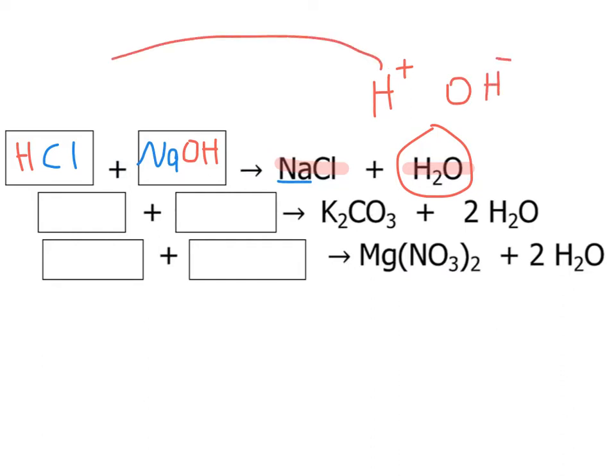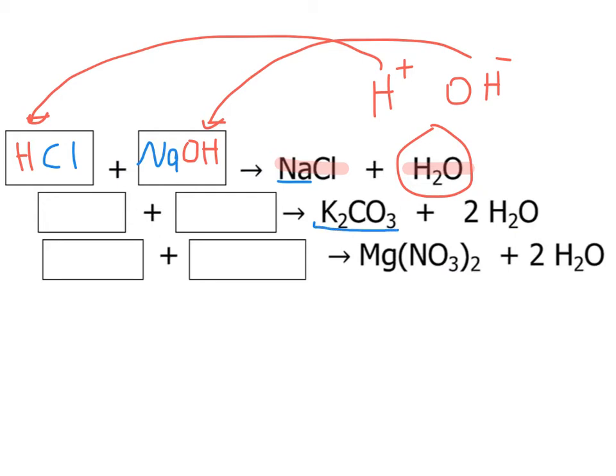So this hydrogen is this one, and this hydroxide is this one that is together with the sodium. Now we have that the reactants to produce sodium chloride and water are hydrochloric acid and sodium hydroxide.